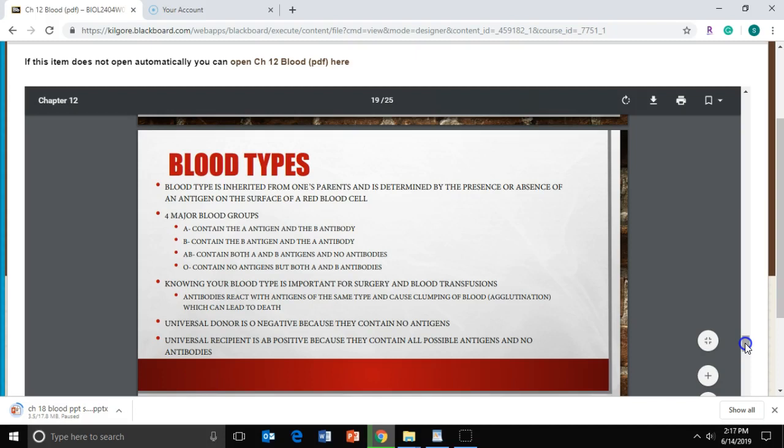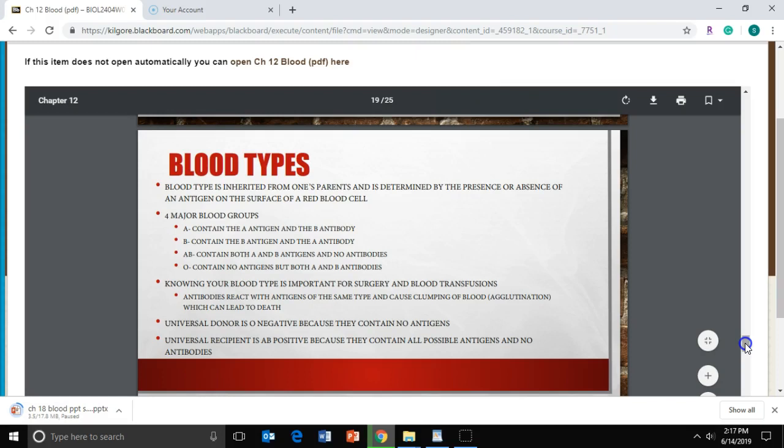In order to know your blood type, you can test for that, and we're going to look at some examples. Obviously you would want to know your blood type before you had surgery or blood transfusions so that the antibodies and antigens don't react with each other. It's the antibodies in your blood that will react with the transfused blood.